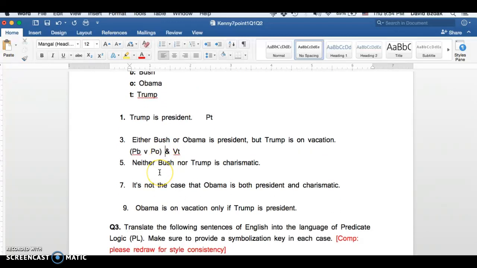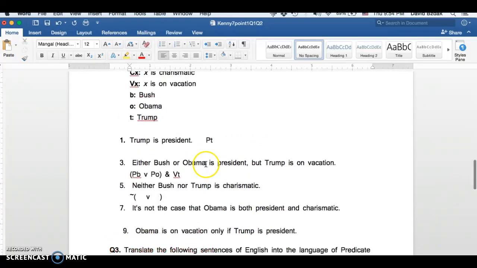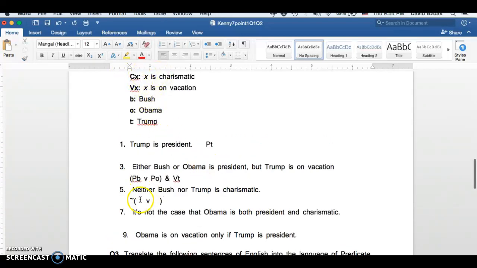Okay, number 5. Neither Bush nor Trump is charismatic. Now, if you remember, translating neither nor, not either or. So negation of a disjunction, right? Charismatic, we're given is a capital C, so CB, Bush is charismatic. Uppercase C, lowercase t.